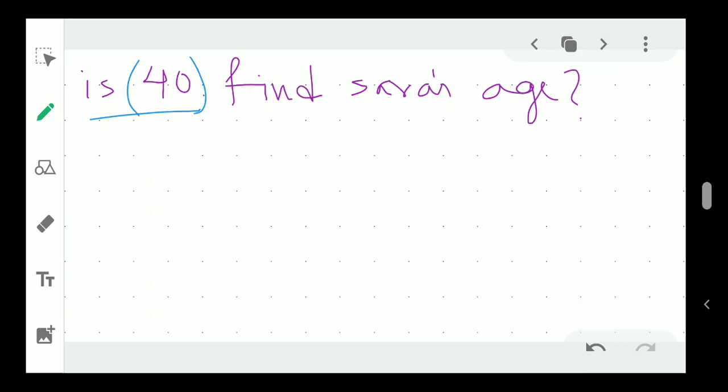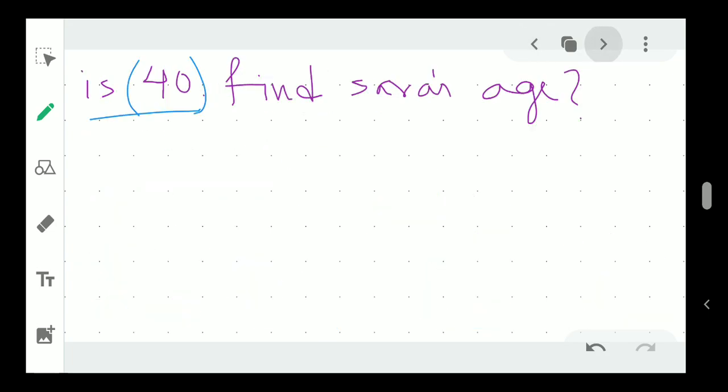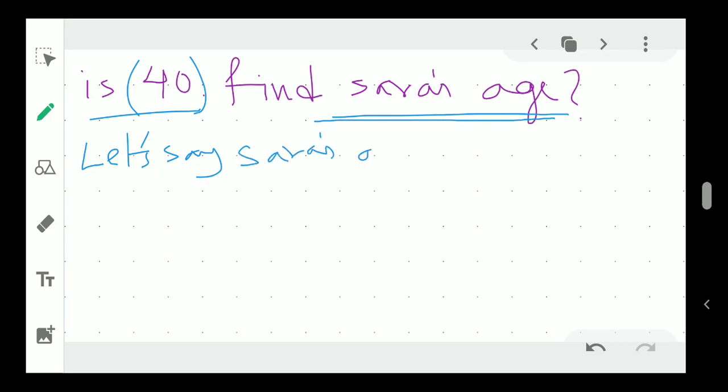Okay, so what you have to do, first thing, what you are asked to find, you imagine that thing as any alphabet. So let's say Sarah's age is X. First you have to imagine one alphabet for the thing you have to find.